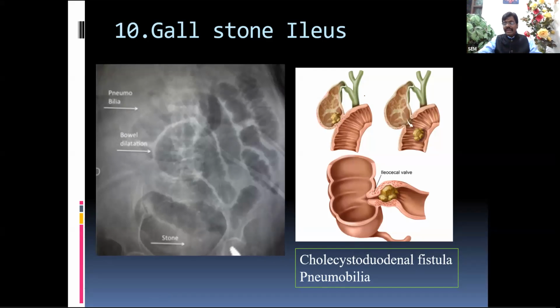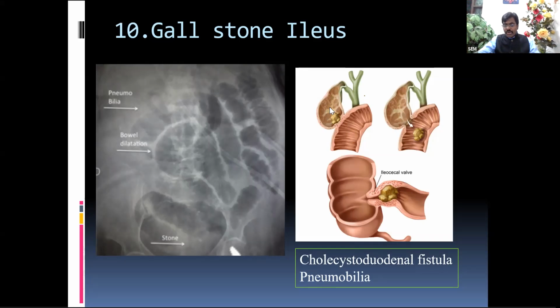So I repeat, what is gallstone ileus? Gallstone ileus is a rare cause of small bowel obstruction of the small intestine caused by a gallstone which escaped from the gallbladder through the cholecystoduodenal fistula.